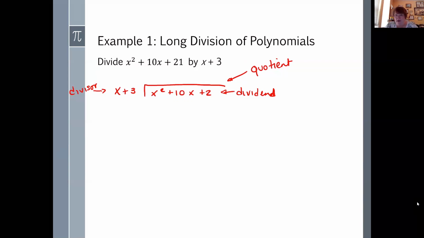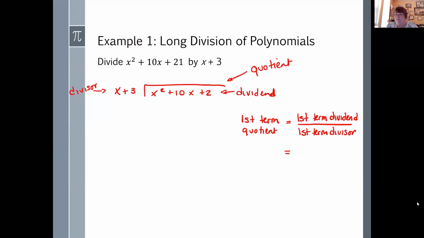It's actually fairly straightforward to figure out what the first term in your quotient is. So to find the first term in your quotient, you take the first term in your dividend and you divide it by the first term in your divisor.